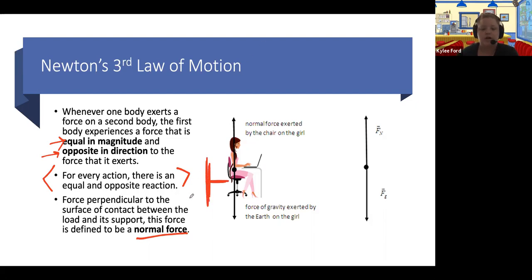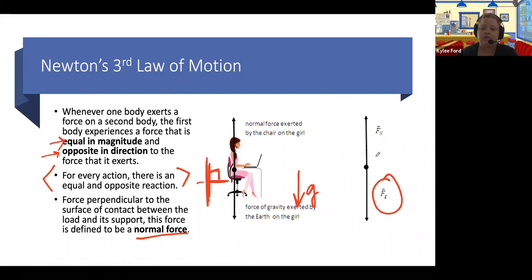So this is our surface here. And we have the force due to gravity, of course. And that is going to be our first force here. And then we have an opposite force that is called our normal force, in our perpendicular direction.